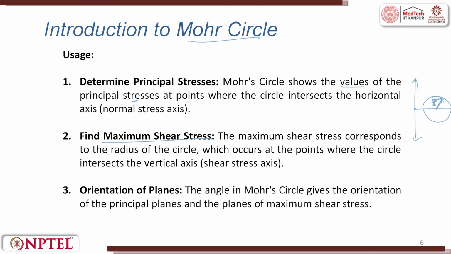Orientation of the plane: the angle in Mohr circle gives the orientation of the shear plane and the plane of maximum shear stress. So, by this time you would have understood Mohr circle is a graphical representation. It is 2D, which gives me a relationship between normal stress or principal stress with maximum shear stress.